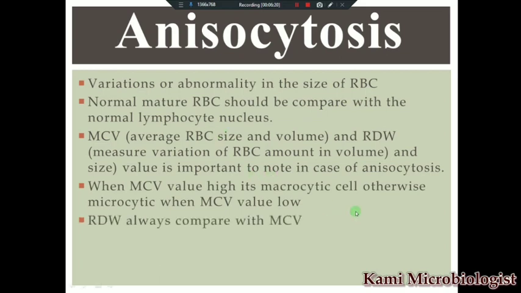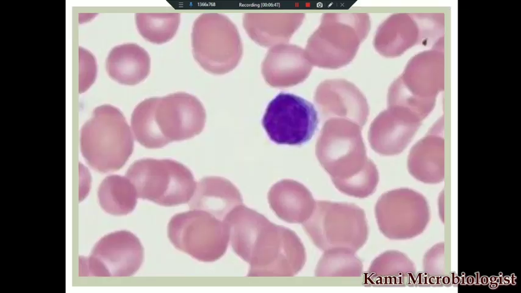And when we see that the MCV value gets low, it is called microcytic, meaning the cell size is very small, and we call them microcytic cells. Then another point is that we always compare the RDW and MCV values, so both these values should be compared in case of anisocytosis.